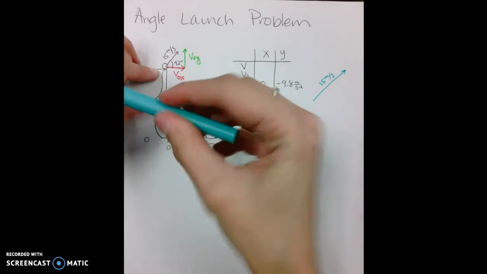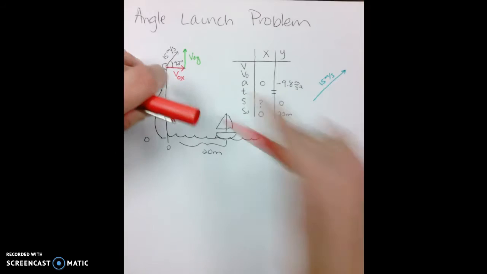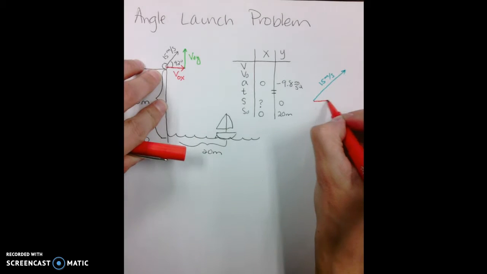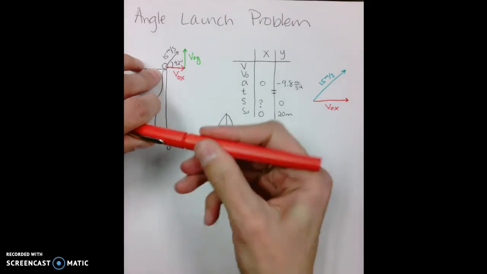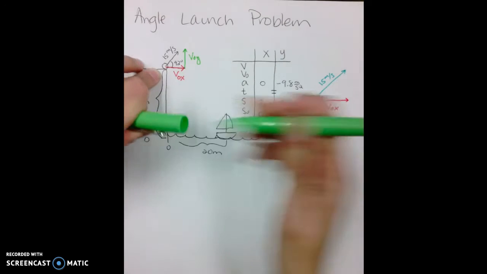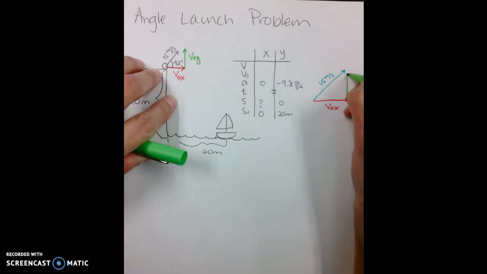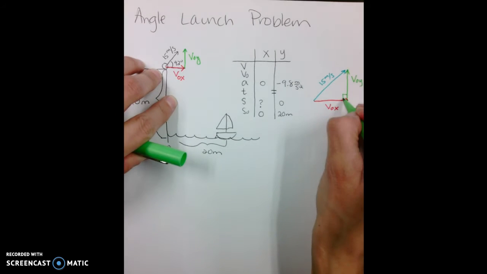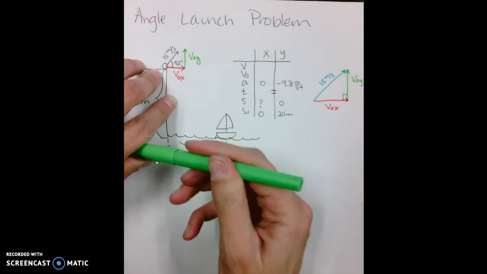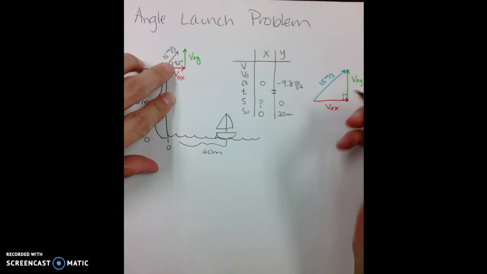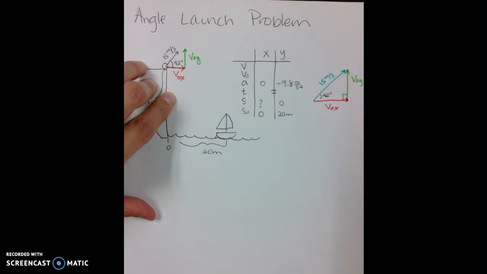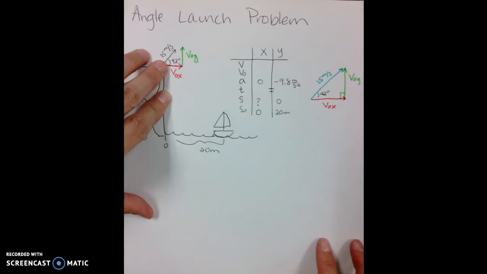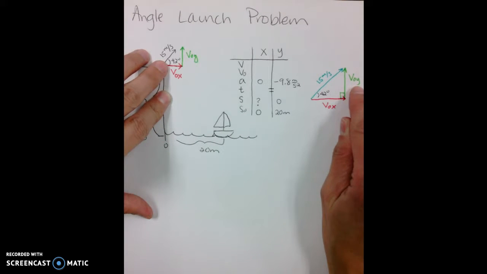And then I'm going to draw my x direction, V0x, and my y direction, V0y. And this is a right triangle, and I know that my angle here is 42 degrees. Okay. So I can use trig to help me figure out what my x piece and my y piece are.